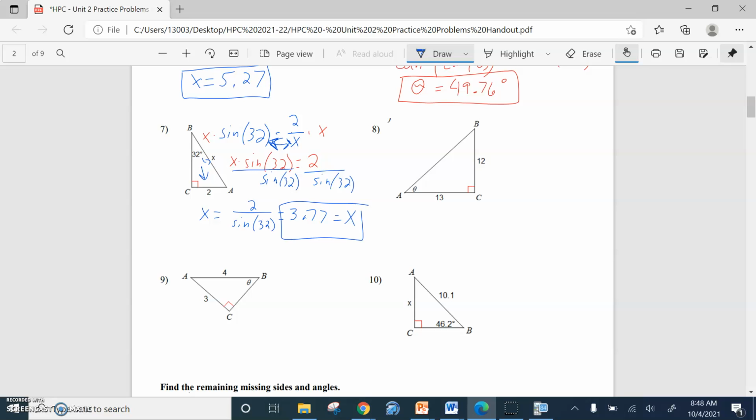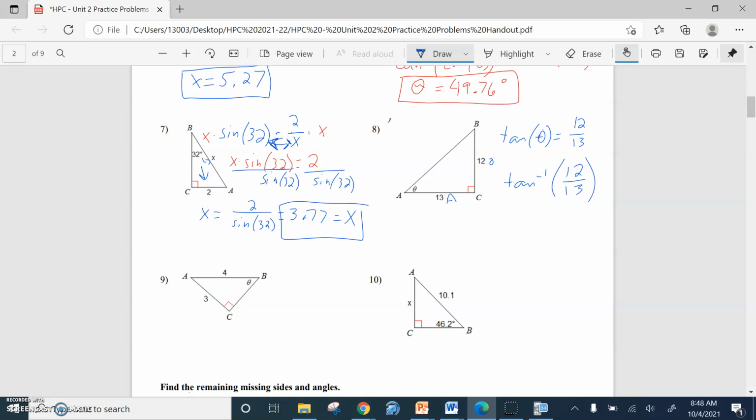Theta, in this case, we have opposite and adjacent, so this is tangent of theta equals 12/13. Again, to undo theta, we take the tangent inverse of 12/13.